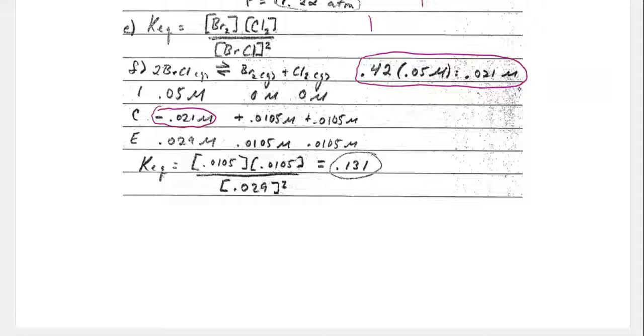Okay, and then, I guess I would prefer them to write minus 2x, plus x, plus x, because then that helps me see where they're getting this number. But that's basically where they're getting this number, because remember, this would be minus 2x, so 0.021 is equal to 2x, so x is equal to 0.0105.